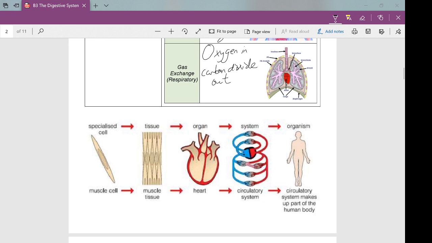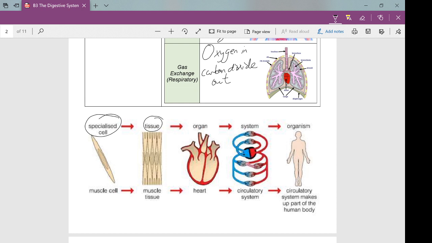At the very bottom of the page, I have another example of the levels of organization. This is just one example, but remember, you do have to know this order. We start off with a specialized cell. A bunch of the same type of cell working together for a specific function makes a tissue.